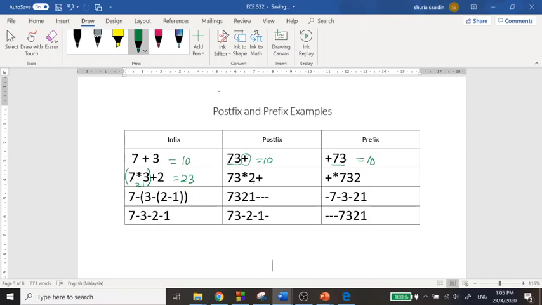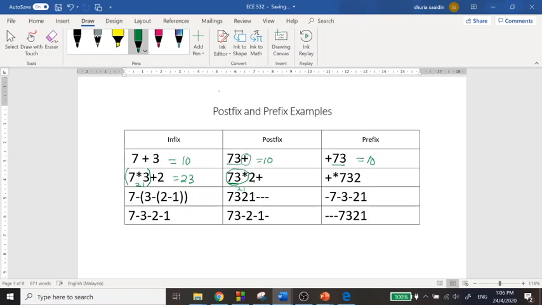Then you have to go back to the previous 2 operands. Previous 2 operands is 7 and 3. So this 7, 3 multiplication will become the new operand. 7, 3 multiplication becomes 21. This is the result from 7, 3 multiplication. 21 is the new operand.